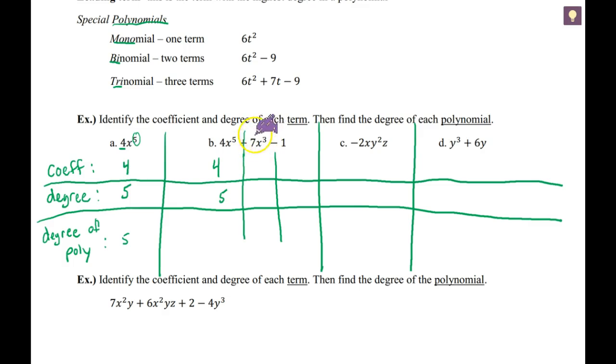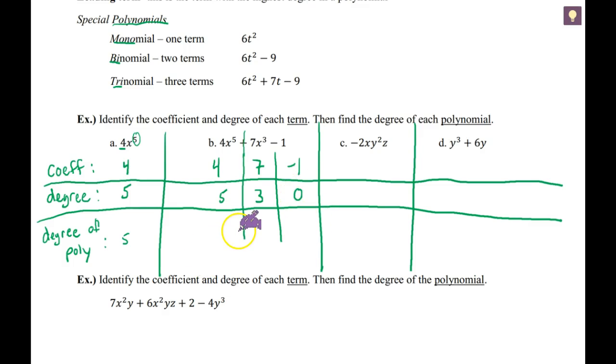So I have to do the degree of the next term. So the degree here was 7, the coefficient was 7, the degree is 3, so the exponent. The last one, the coefficient is -1, so that it's the constant itself is also the coefficient. And the degree is 0 because there is no variable.